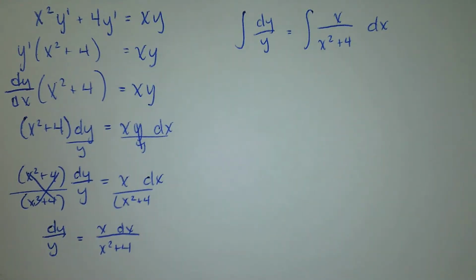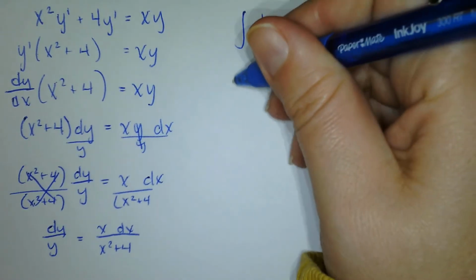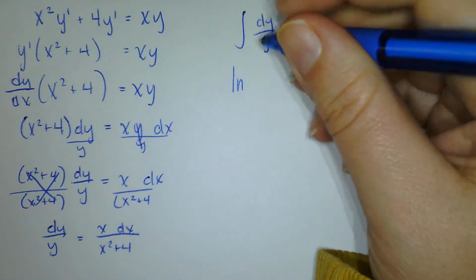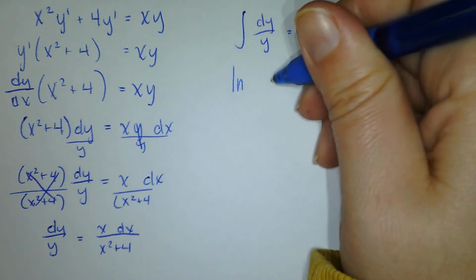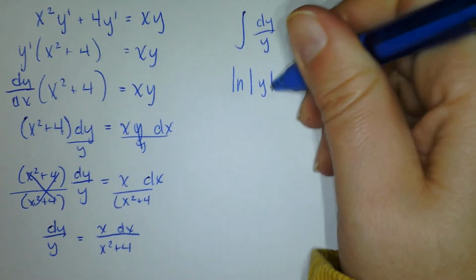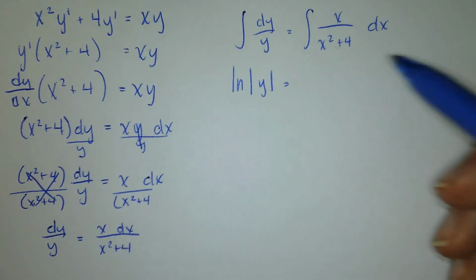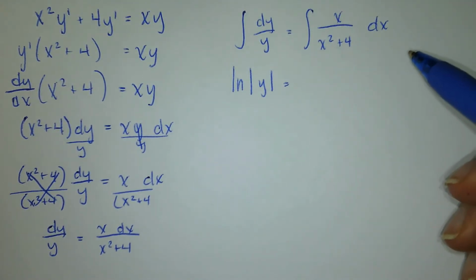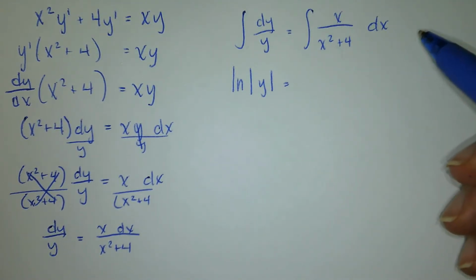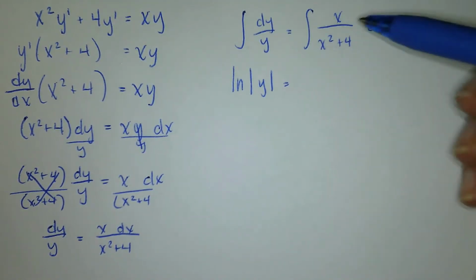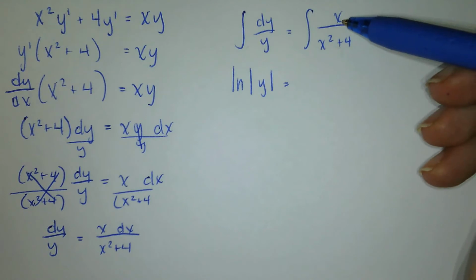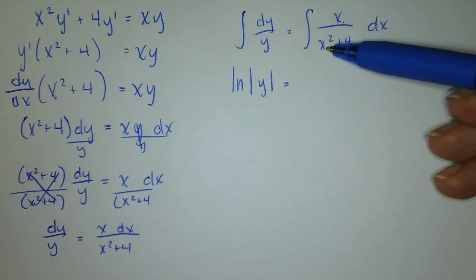Dy over y is just going to be ln of y. And remember we were putting a plus c, but the plus c's combine, so I'm just going to put the plus c over to the other side anyhow, and I'm not going to worry too much about it.